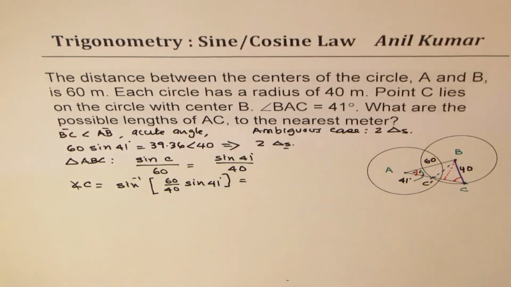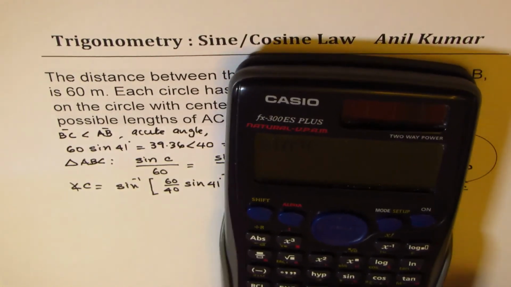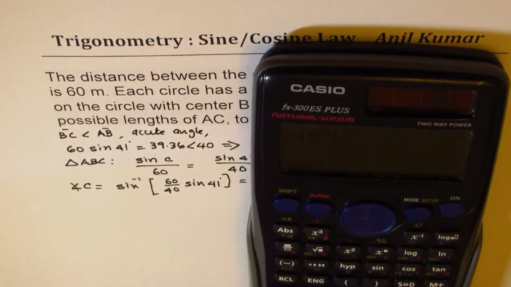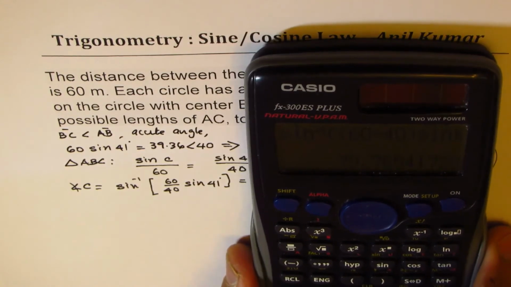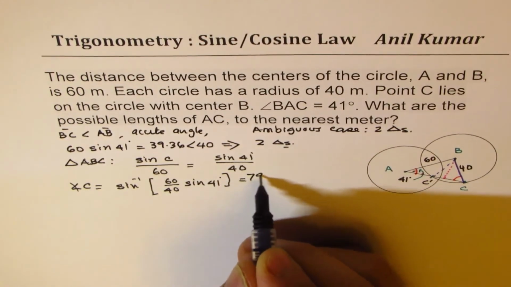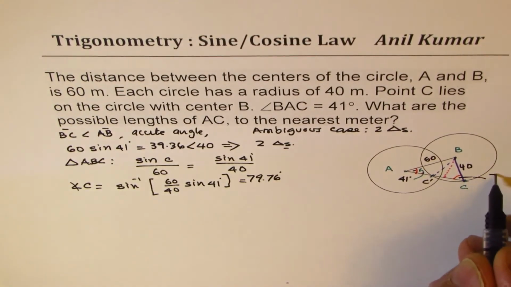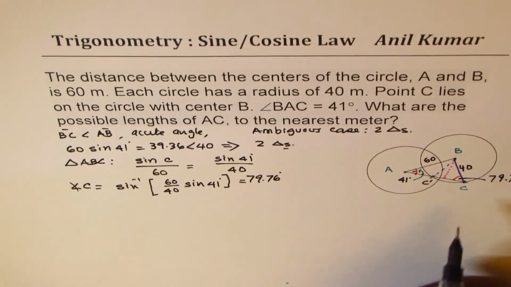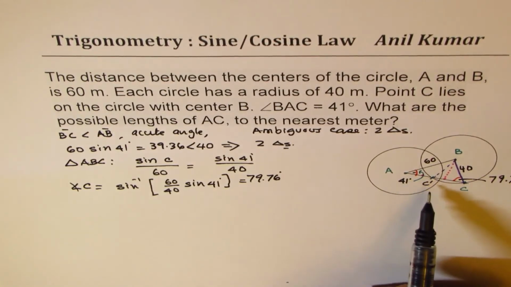Let's find this angle. We have sine inverse, one more bracket, 60 divided by 40, multiplied by sine of 41, bracket close, equals 79.76. You could round to 80 degrees, but let's keep two decimal places and go further.